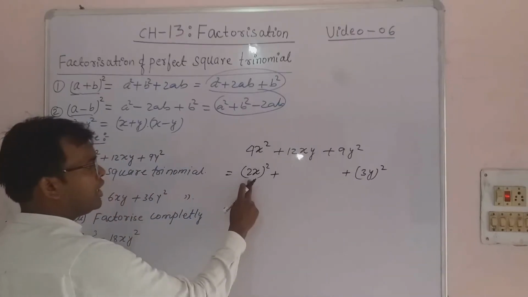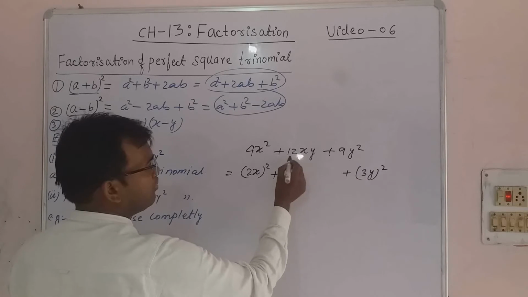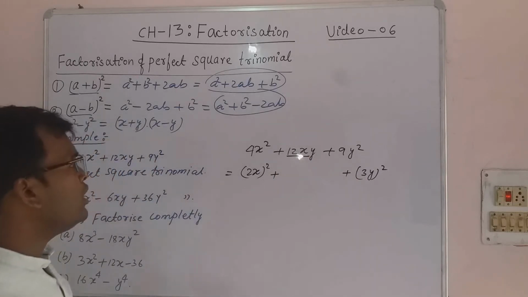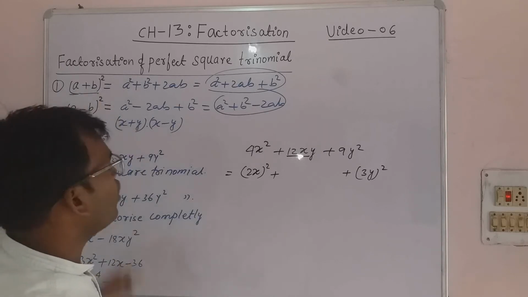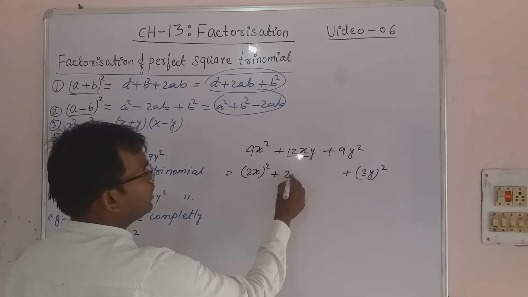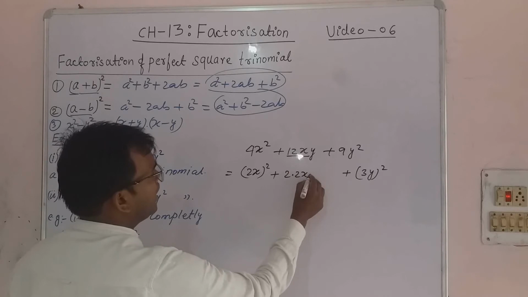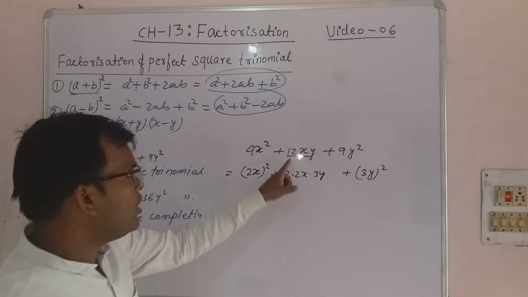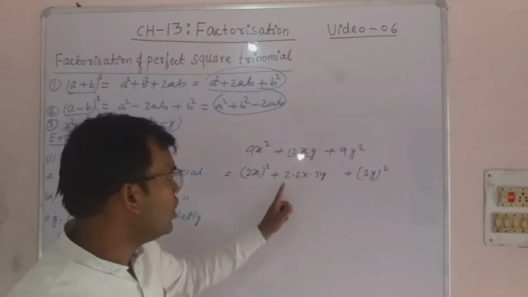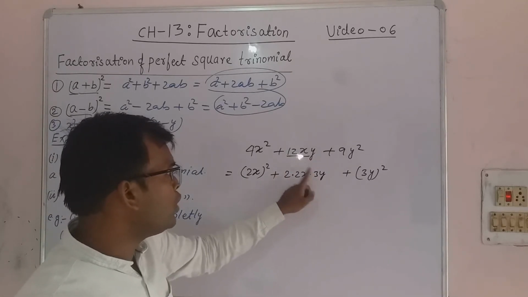That means it is a square plus b square. If 12xy is in the form of 2ab, then it is in the form of (a plus b) whole square. So you may write 2 into a, which is 2x, and b, which is 3y, multiply it and check whether it will come 12xy or not. 2 into 2, 4, 4 into 3, 12xy.